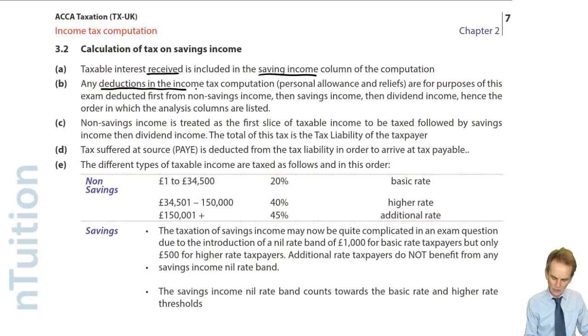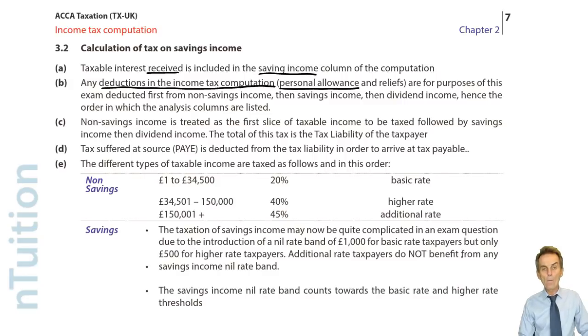Any deductions in our income tax computation, most likely the personal allowance, but if they exist, they will be deducted prior to the personal allowance. Various reliefs, that is again usually loss reliefs, or certain loan interest payments, we'll be discussing later in our lectures.